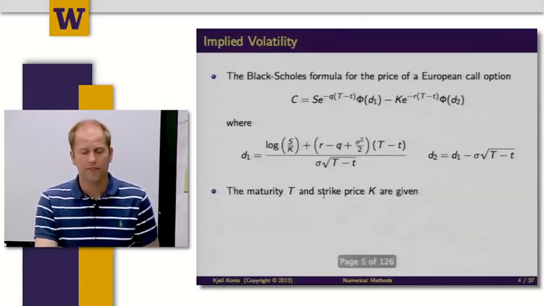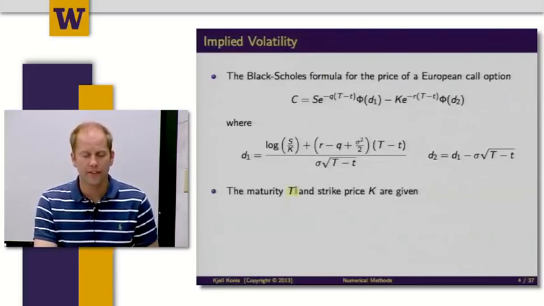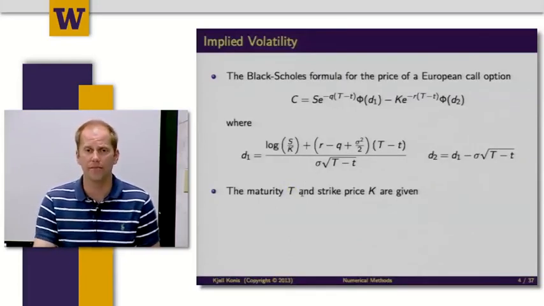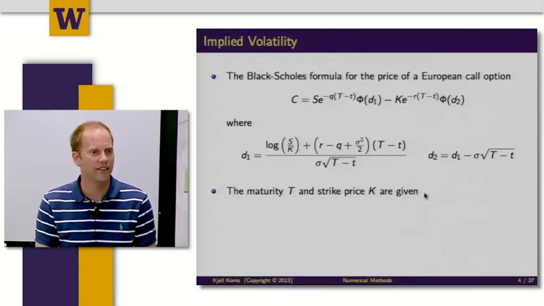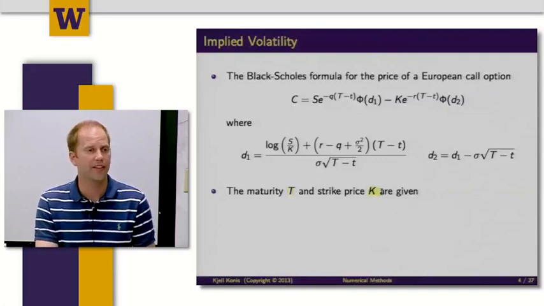The maturity date of an option is a contract that I buy and sell in a market. When it's written, it has a maturity date, so it's good for 3 months or 6 months, something like that. It also has a strike price, which is written on the contract. Once this contract comes into existence, the T and the K are fixed, so they're never going to change.